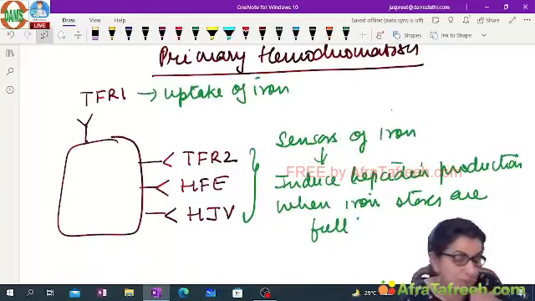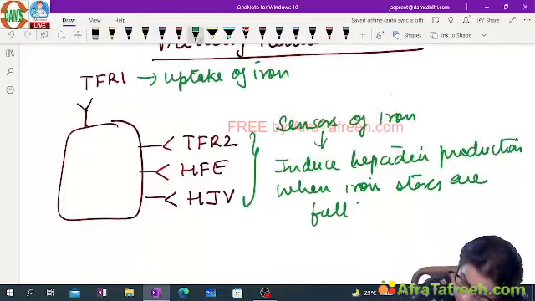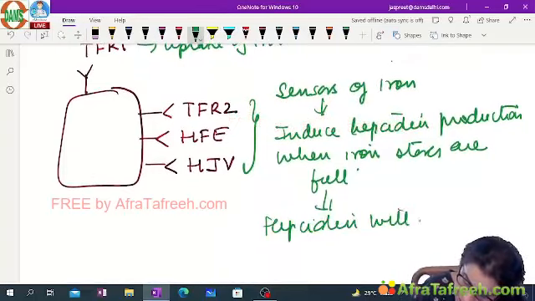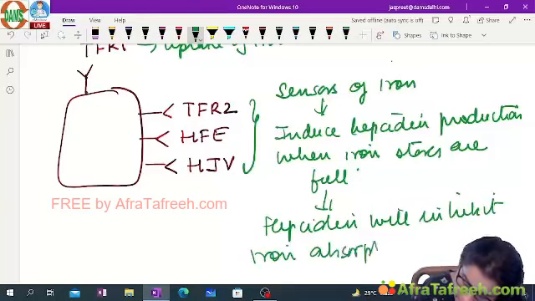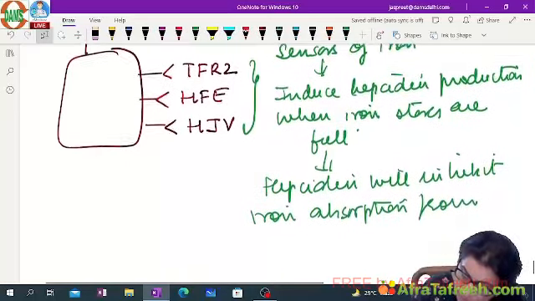That hepcidin will inhibit iron absorption from the duodenum. You know, the site of iron absorption is the duodenum.